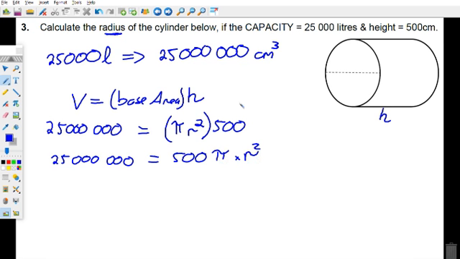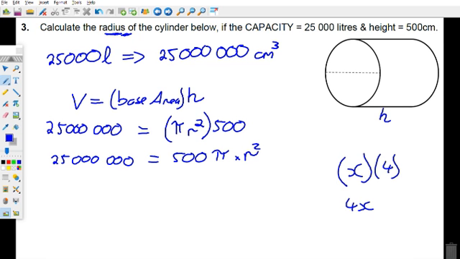If we have x multiplied by 4, it's the same as 4x. That's what we're working out. Calculate the radius. Not pi squared, r squared.